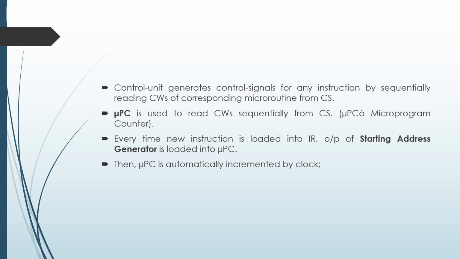Every time a new instruction is loaded into IR, the output of the starting address generator is loaded into the micro PC. Then the micro PC is automatically incremented in order to fetch the next control word from the control store.